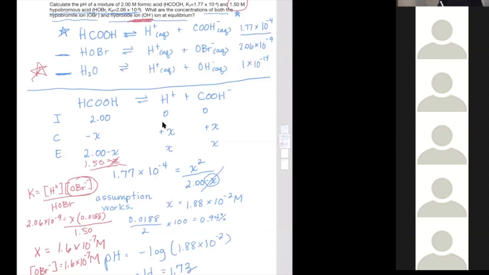So we can plug in our pH, which is 1.73, plus pOH equals 14. So doing a little algebra, we can calculate the pOH, which is 12.27.